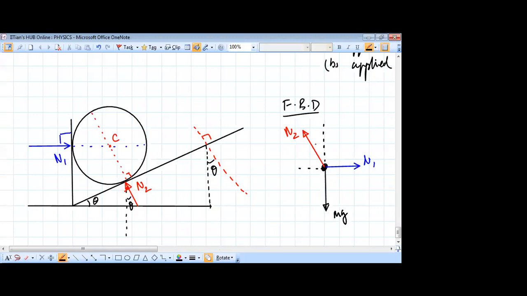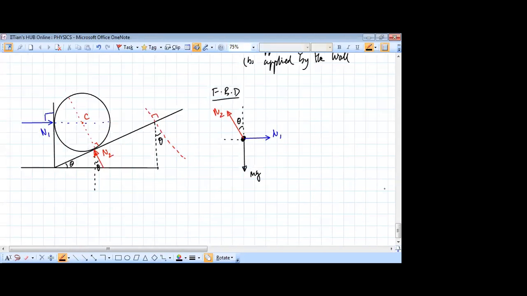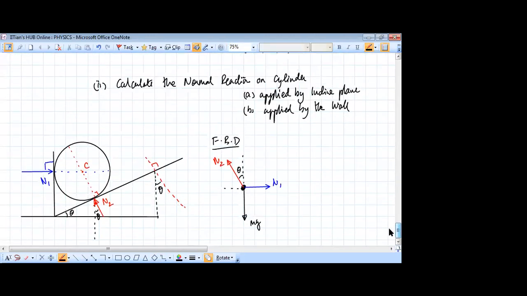So this is the free body diagram where this angle will be theta. Now you continue from this step. Here the acceleration of the body is zero because it is at rest, at equilibrium. So that means net force should be zero.